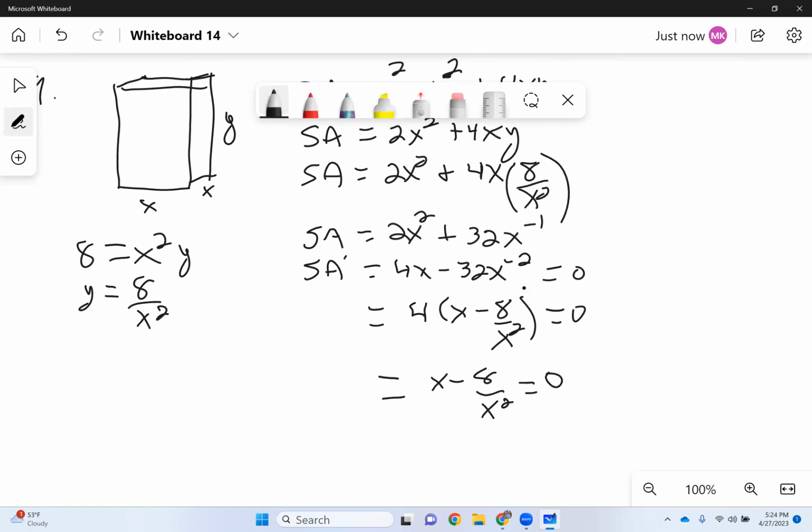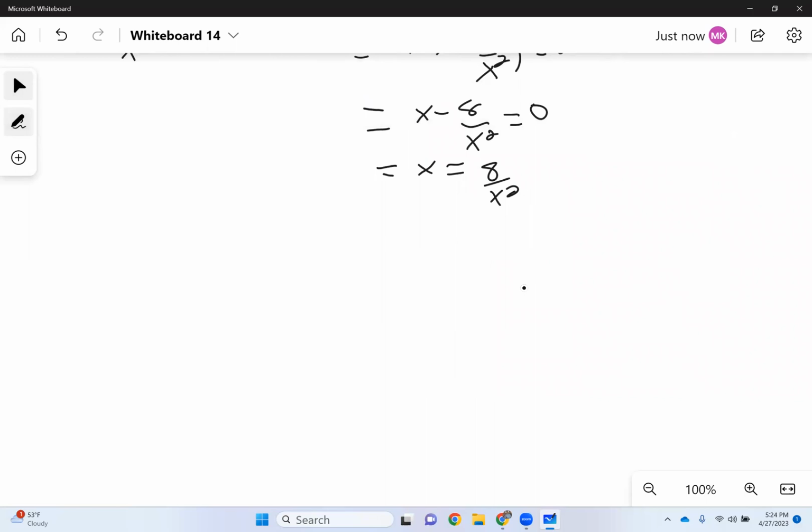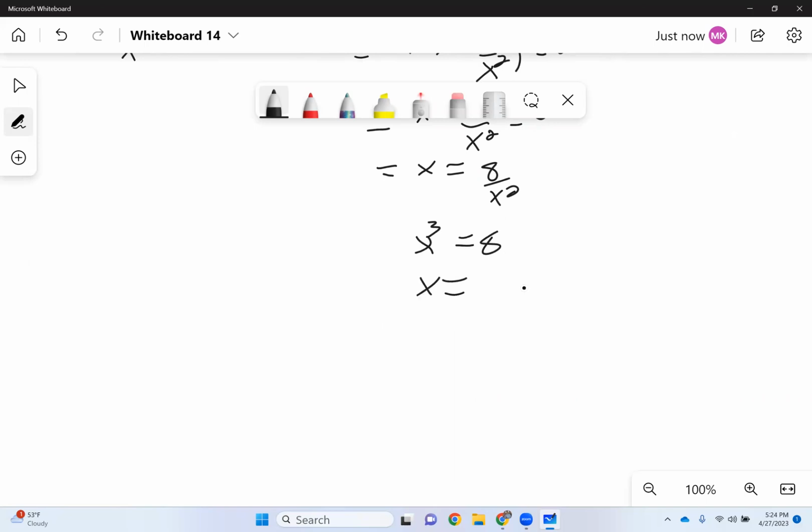Add 8 over x squared to both sides. x equals 8 over x squared. Let me scroll down. Multiply both sides by x squared. So we'll have x cubed equals 8. So x equals 2.